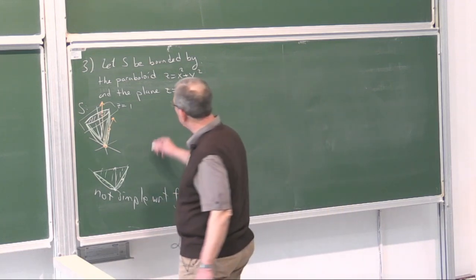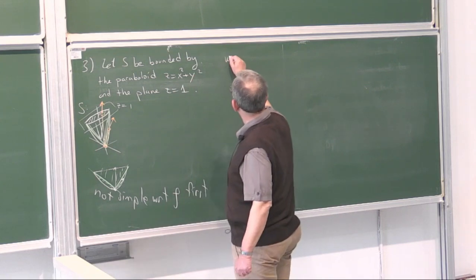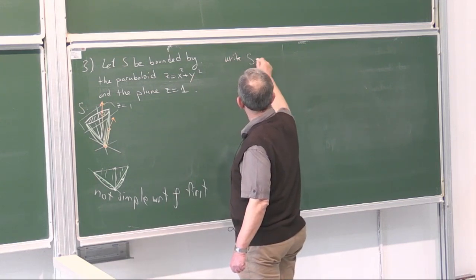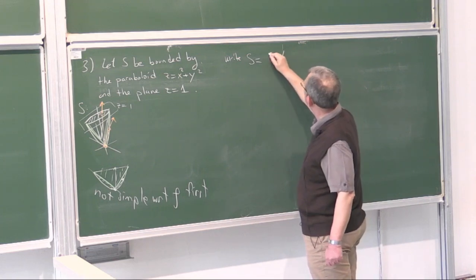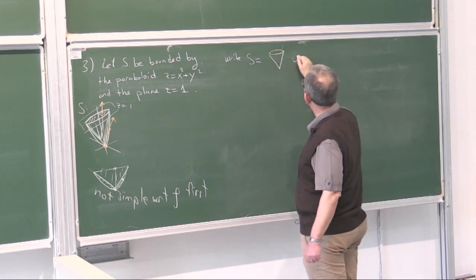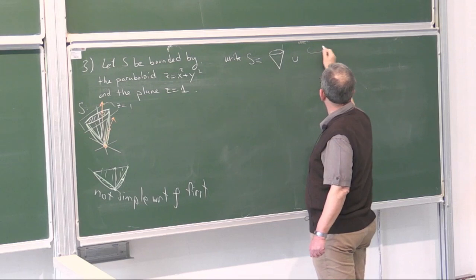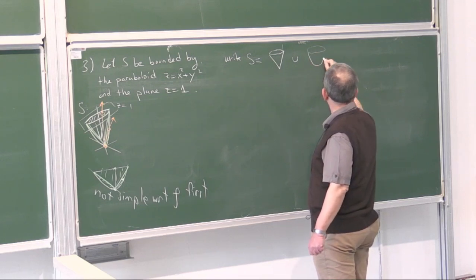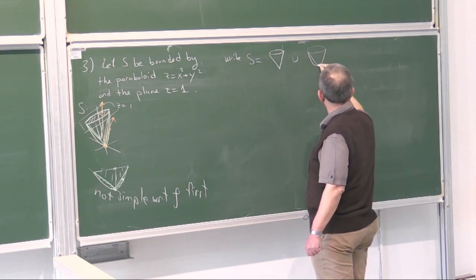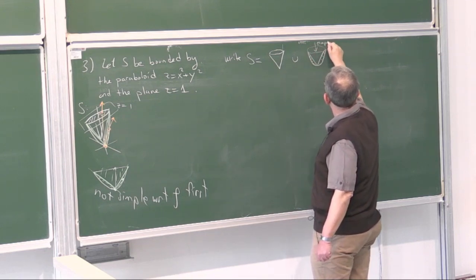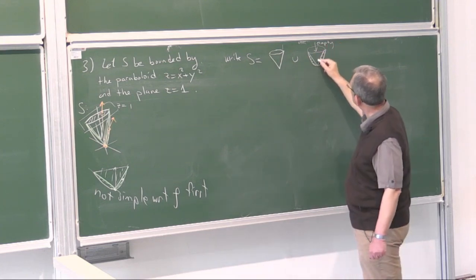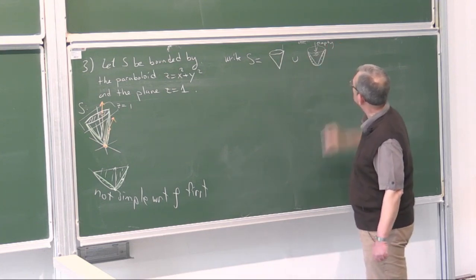So, write S as a cone union this part. This part is empty, of course, you rotate it.